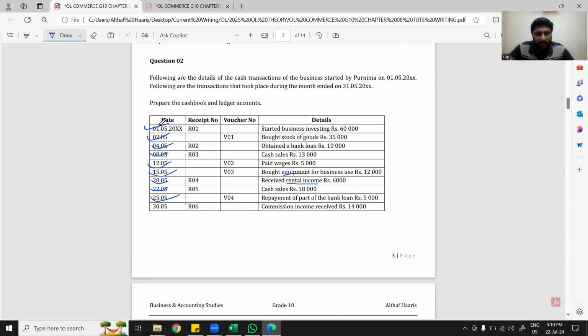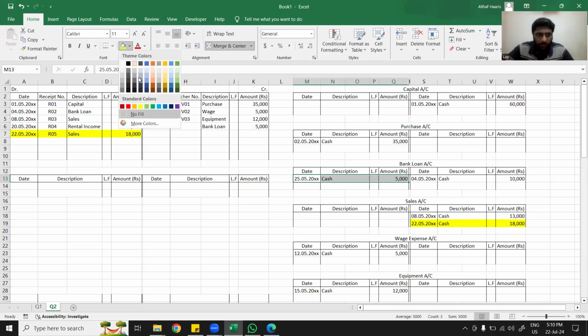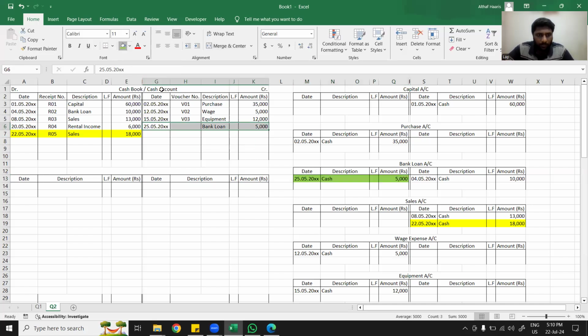What's the date? 25. Bank loan is debit because your liability is decreasing, because you are settling 5,000.